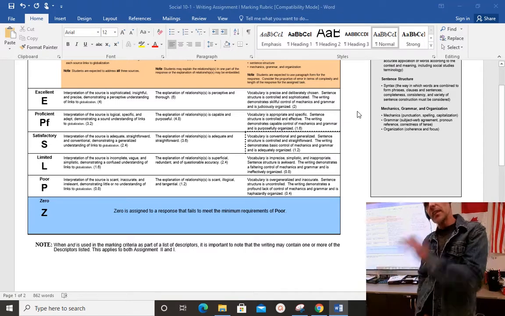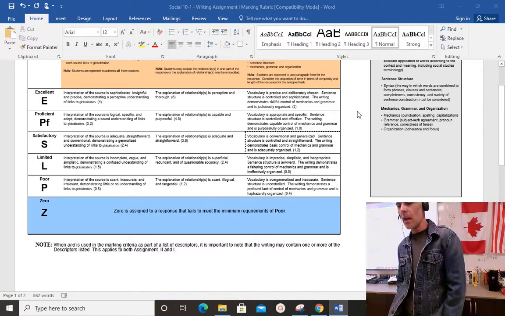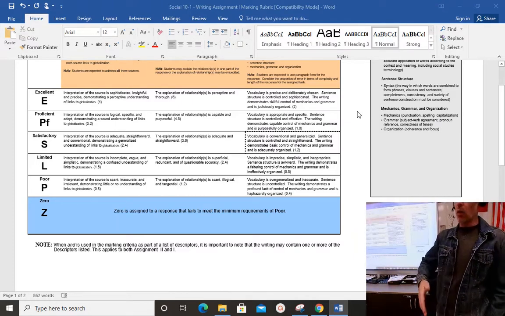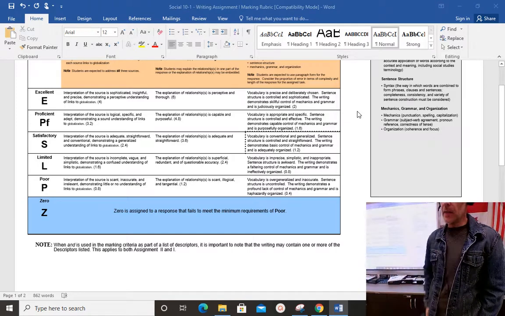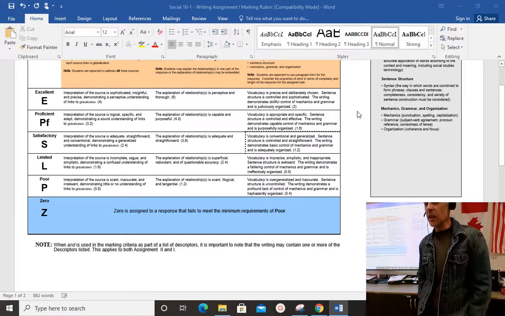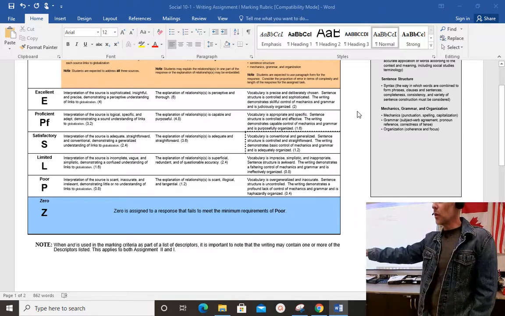Then we look at the last paragraph. The relationship one, the one that you watched a video on in seminar yesterday, and we have some of the same kind of language. For poor, it's scant. For limited, it's questionable. So that's similar to the inaccurate or incomplete. It's superficial. It's redundant. The S is again straightforward, adequate.